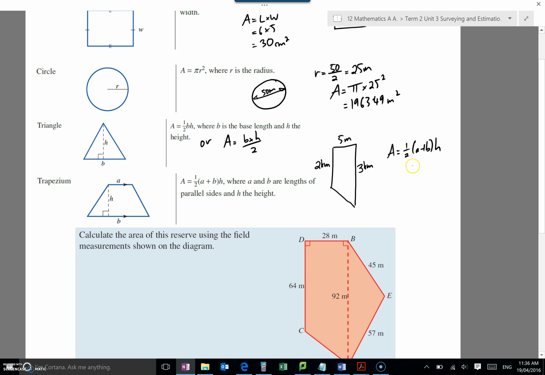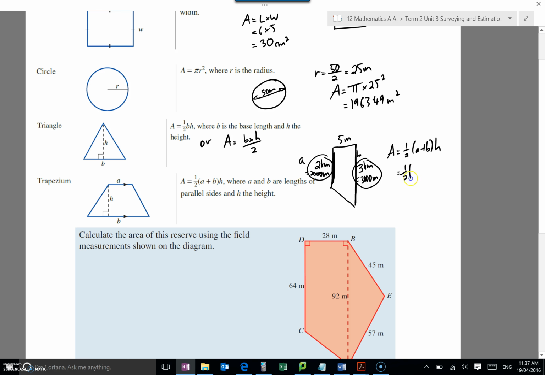I can't just substitute the values in at the moment because some are in kilometers, some are in meters. So I'd make sure I write that this is 3,000 meters, this is 2,000 meters. And then I can go about looking at the formula. Do I have two parallel lines? Yep, there's one parallel line, there's another parallel line. So I could say this is a, this is b.